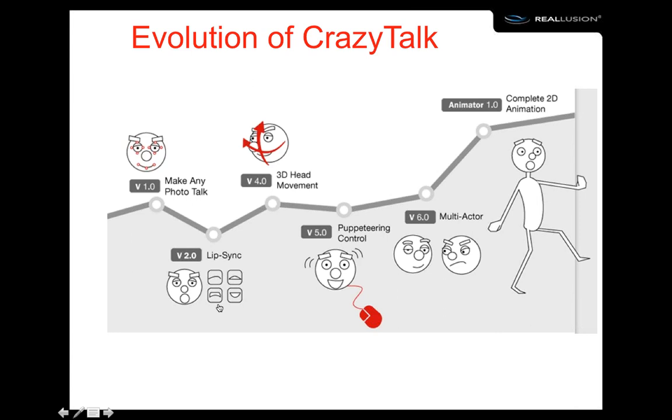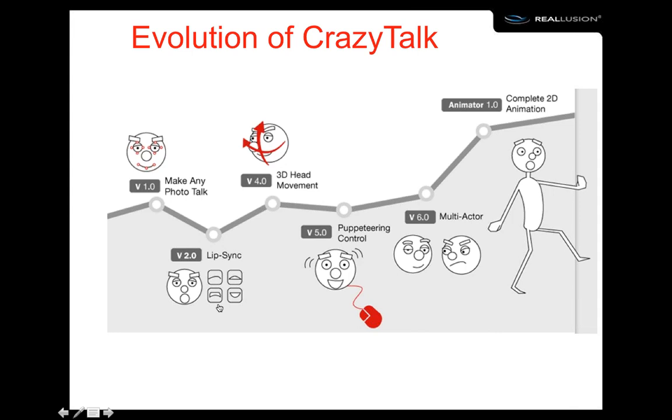So let's start then. As most of you know, CrazyTalk has been around for some time. Originally, we had the CrazyTalk standalone series, which was only for facial animation. But then about 3 years ago, we came out with the first CrazyTalk Animator, which allowed users to not just animate their face anymore, but also to animate their bodies.